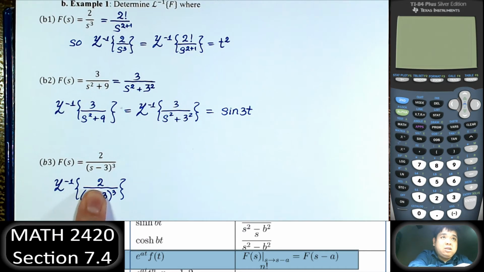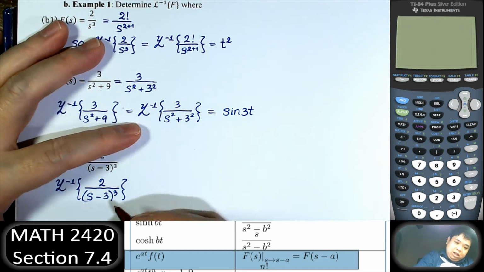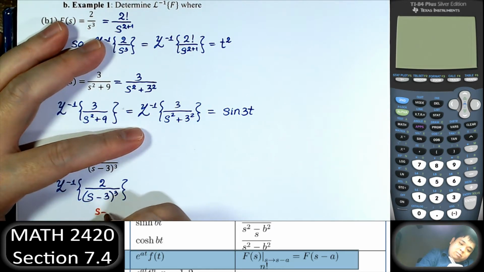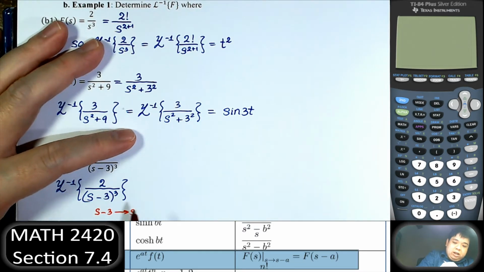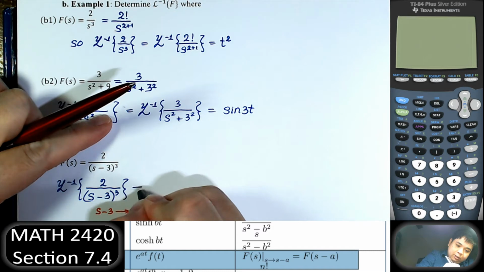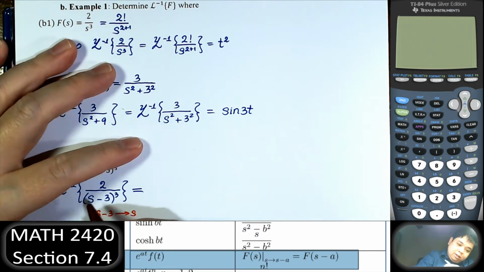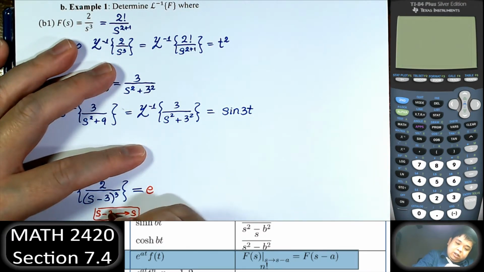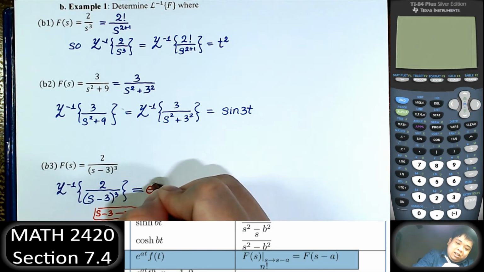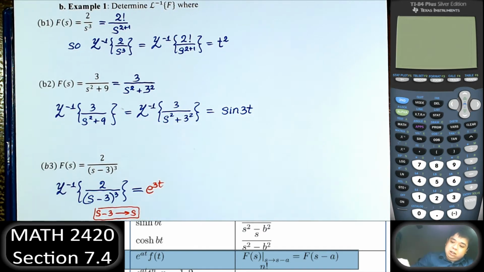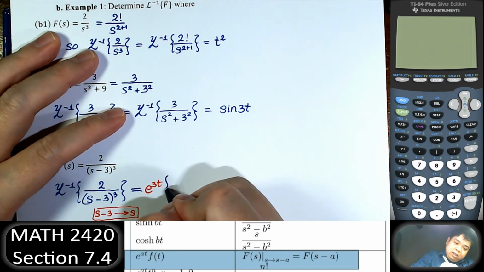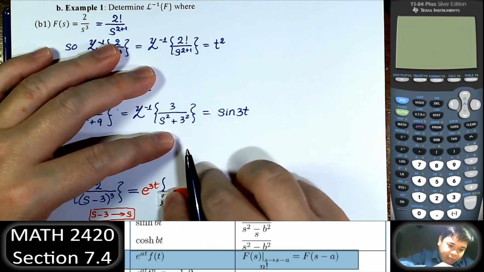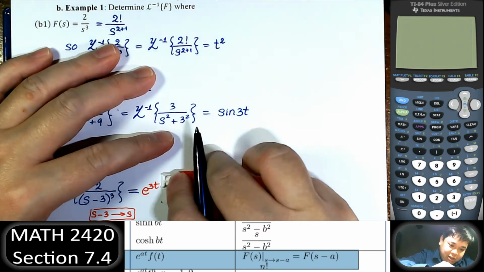So if we replace s minus 3 by s, from that part we can just write down e to the at, e to the 3t. Sorry, I forgot the inverse Laplace.